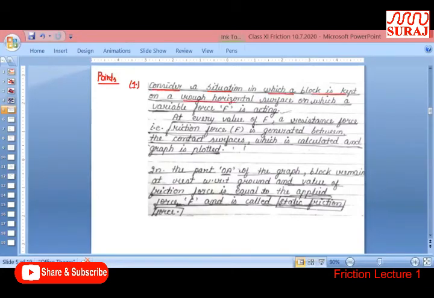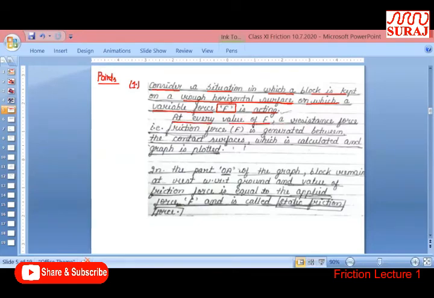Consider a situation in which a block is kept on a rough horizontal surface. Whatever I have explained in the previous slide is only written here. Considering a situation in which a block is kept on a rough horizontal surface on which a variable force F is acting.